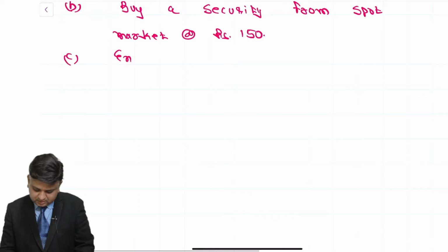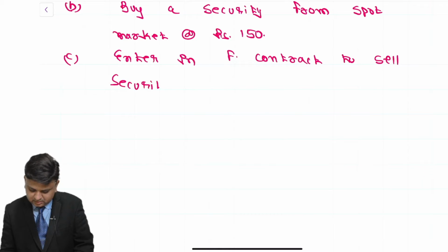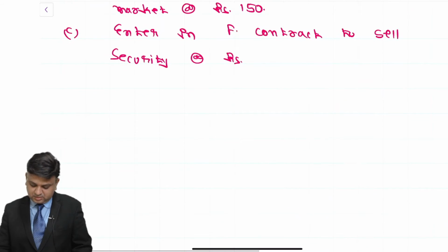C, enter into an F contract to sell the security at the rate of rupees 184.